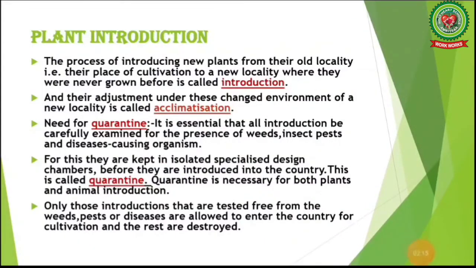Next, we will discuss about plant introduction. The process of introducing new plants from their old locality, that is, their place of cultivation, to a new locality where they were never grown before is called introduction, and their adjustment under this changed environmental conditions, that is of new locality, is called acclimatization.